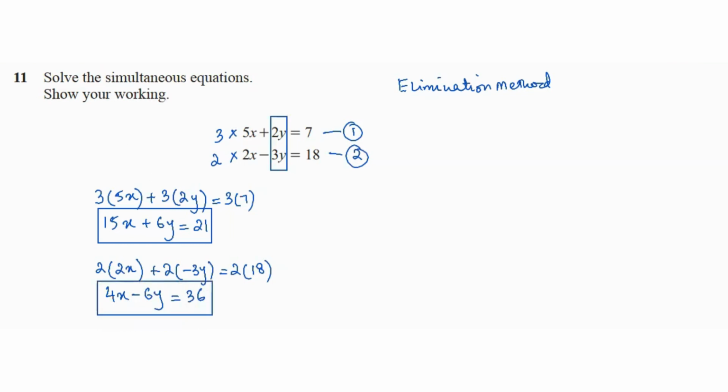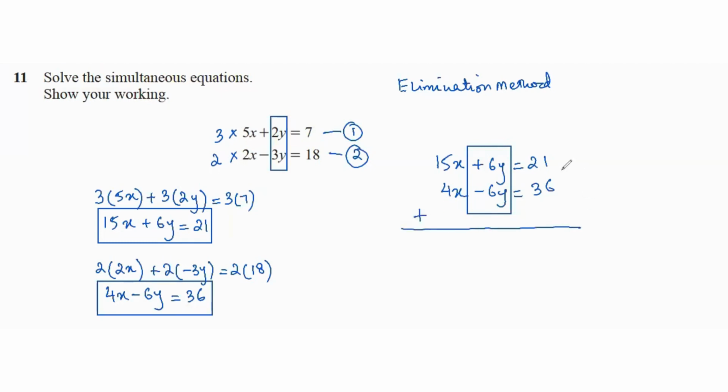So now as you can see in the new equations, both the coefficients of y are equal, which means we can further solve this. Now the next thing we need to look at is the sign for the variable y. If the signs are same, that means we will subtract the equations. If the signs are opposite, we add them. In this case, the signs are opposite. One is positive and one is negative, which means we will add the equations.